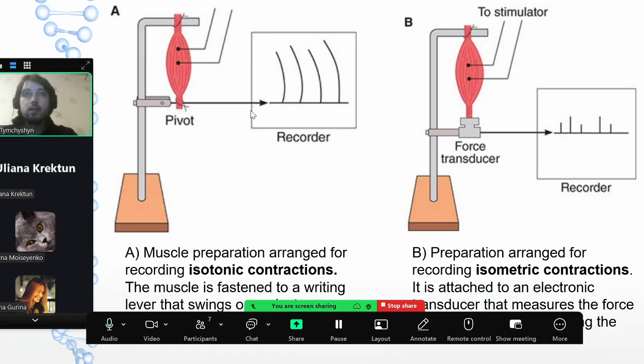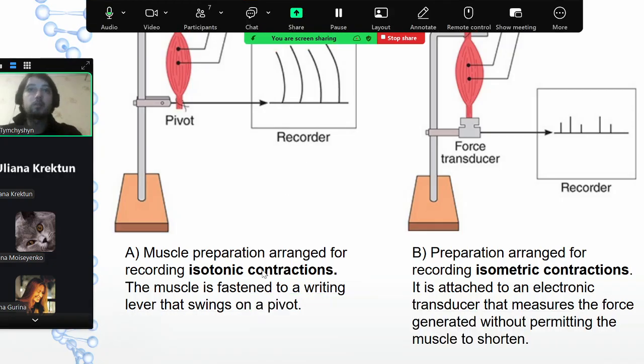Good. These are the two final slides of the subsection, and here I just wanted to show you some terms. Here is the muscle arranged for recording so-called isotonic contractions. The muscle is fastened to a writing lever that swings on a pivot.